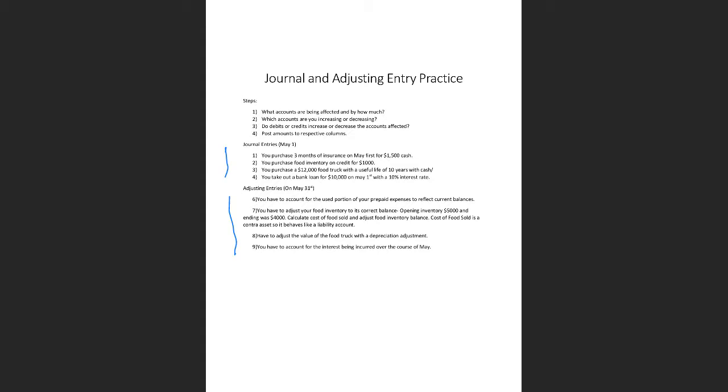Okay, so because our prepaid expense is an asset, we would debit our prepaid expenses. Actually, I'm going to type this. Okay, we would debit our prepaid expenses by $1,500.